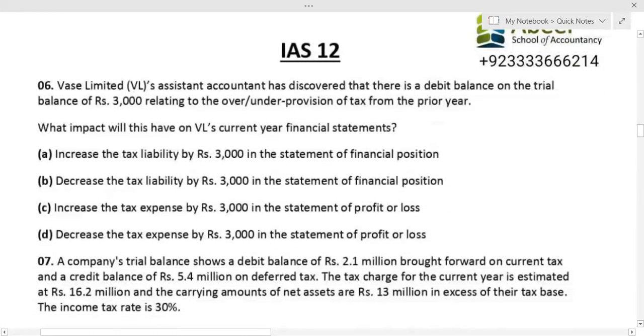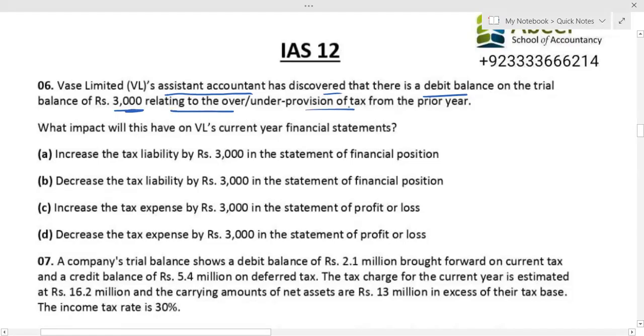Vast Limited's assistant accountant has discovered that there's a debit balance in the trial balance of rupees 3,000 relating to the over or under provision. A debit balance of taxation shows under provision in the T account, and a credit balance shows over provision.